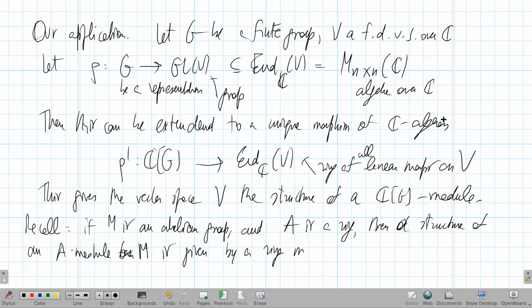Here I have a C algebra morphism, but in general it is a morphism from A to the endomorphism ring of M. This is the endomorphism ring of the abelian group.